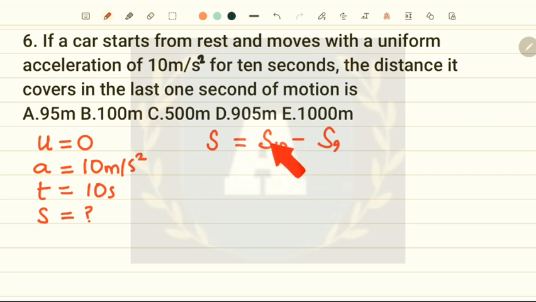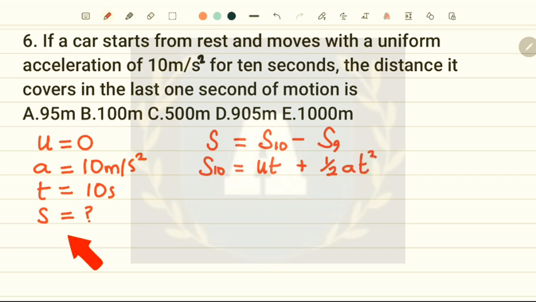So we have to calculate the distance at 10 seconds and the distance at 9 seconds separately. First, the distance at 10 seconds. Now, which equation of motion has this? It is the equation that says ut plus 1 all over 2 at squared.